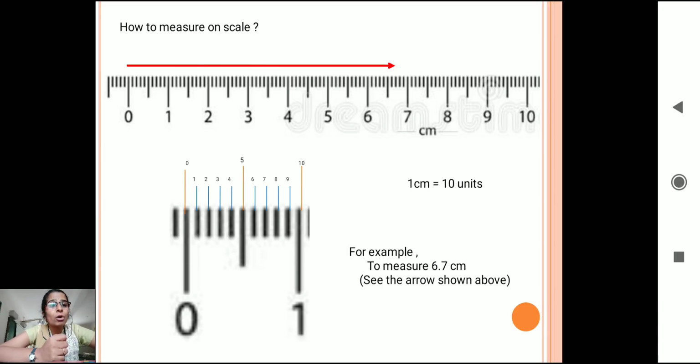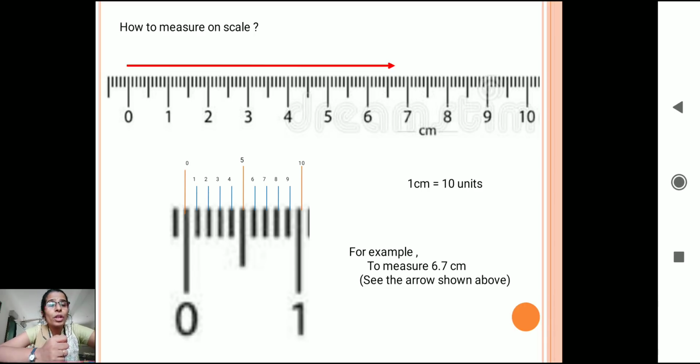So at that time, we should understand how to read the scale. 6.7 centimeter can be read as till 6 centimeter, and then 7 lines from that. That is, the 7th line will be 0.7, that is 6.7 centimeter. Are you clear, children?